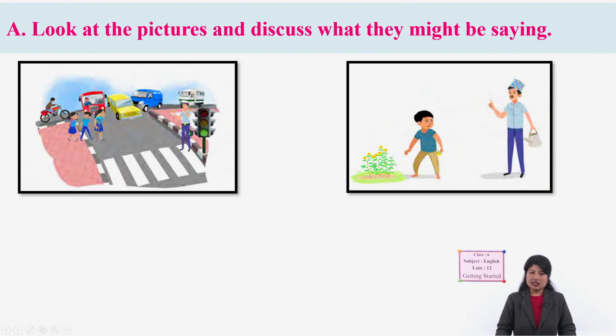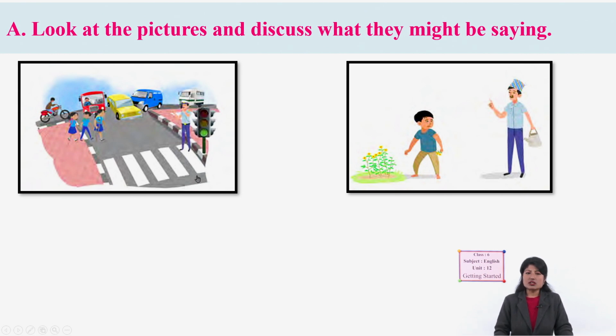And we can see a traffic policeman, some children over here, and a traffic light. What can you see over here? Green light. And what else do you see? Yes, the children are trying to cross the road.